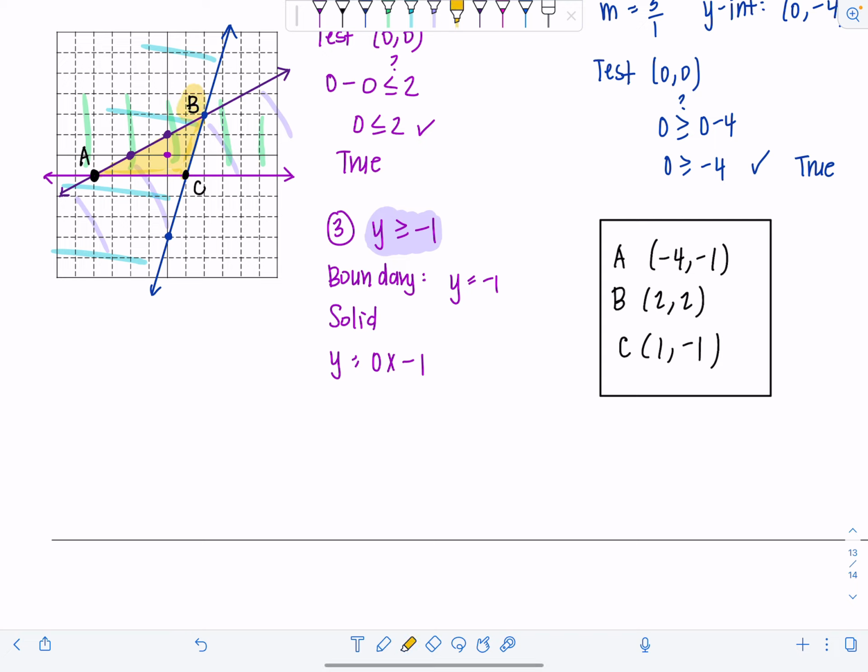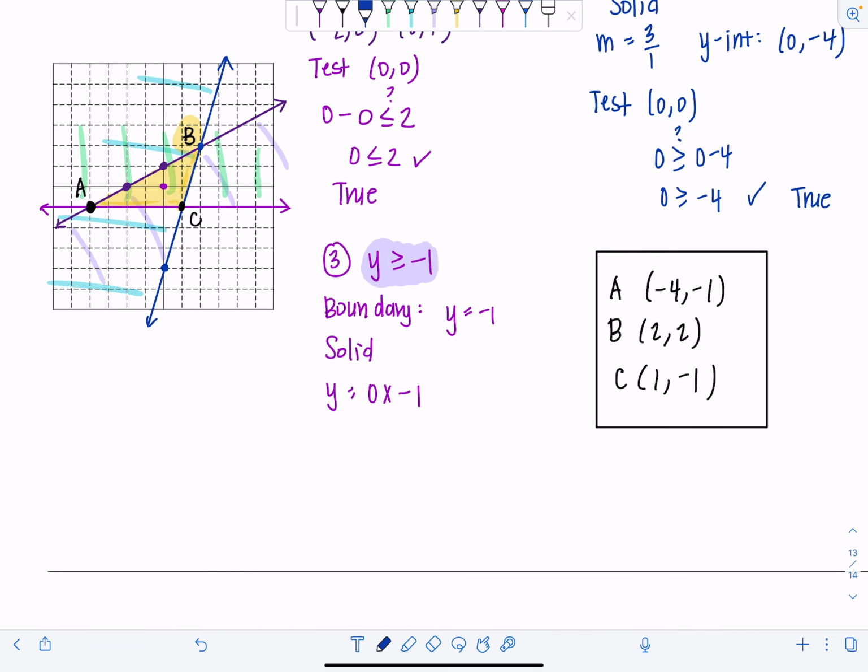Okay, B right here. Well, B comes from the intersection of 3x minus 4 and that dark purple line was the first one, 2y minus x equals 2. So what you want to do, oh, hold on, let me write each of them separately. So B comes from y equals 3x minus 4, and where it intersects with 2y minus x equals 2. All you need to do is solve this system, so we could use substitution.